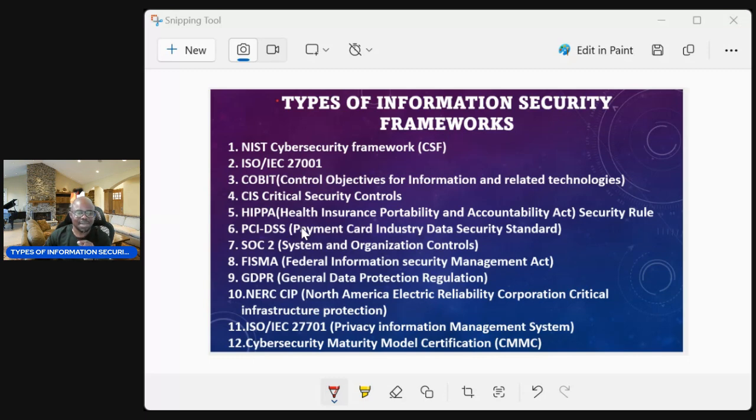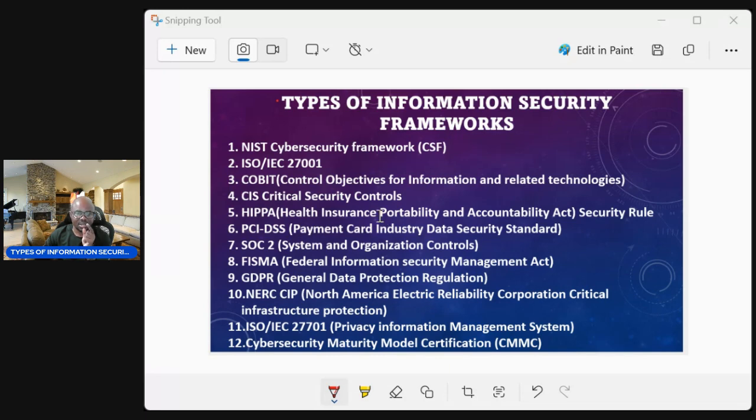So this FISMA framework is where we have the NIST Risk Management Framework, which consists of the 7 steps of the risk management framework. That is the FISMA Act of 2002. The focus is protecting federal information systems. It was developed by the US federal government.